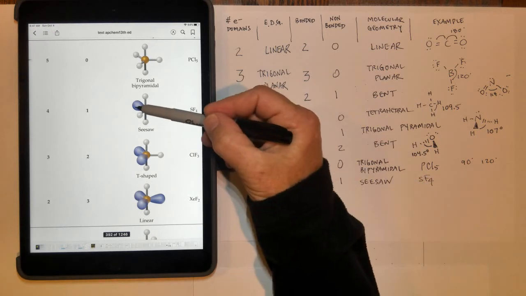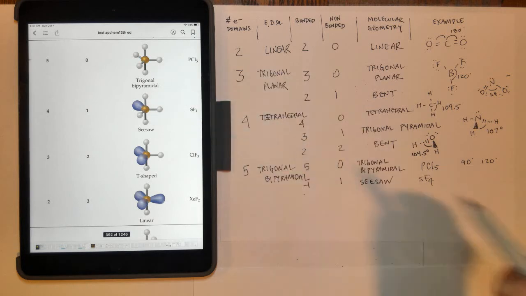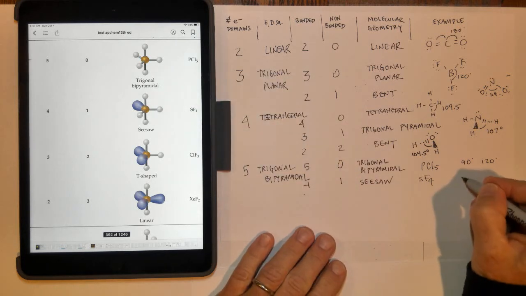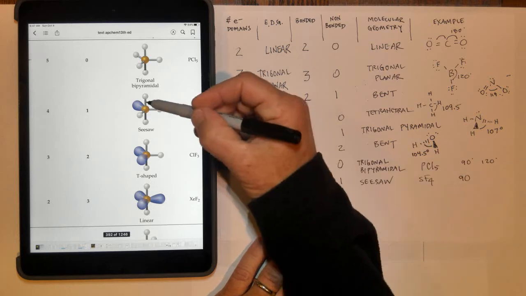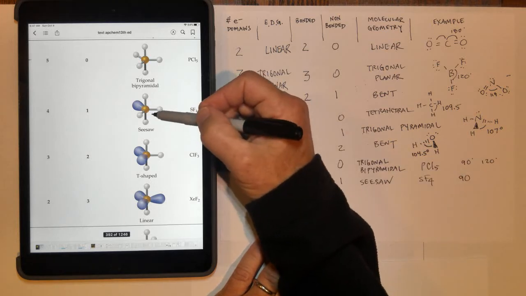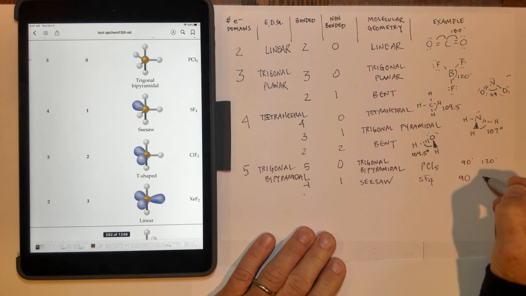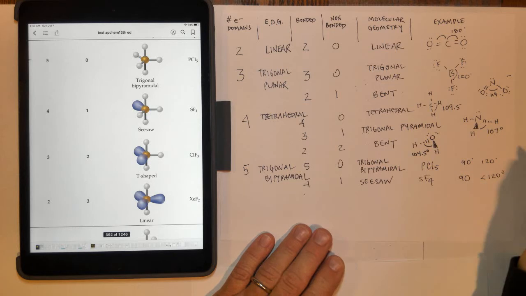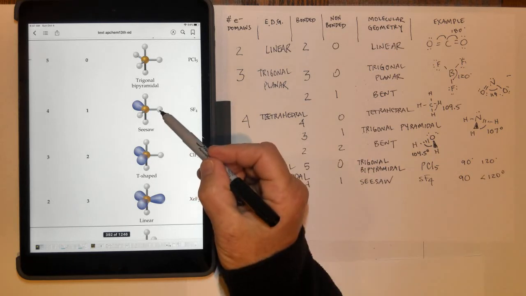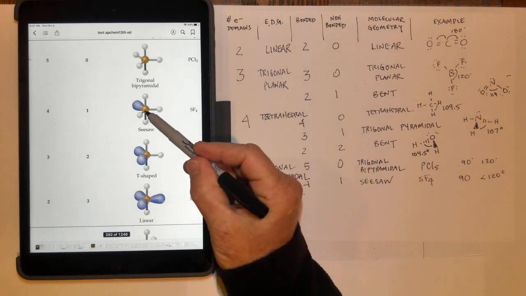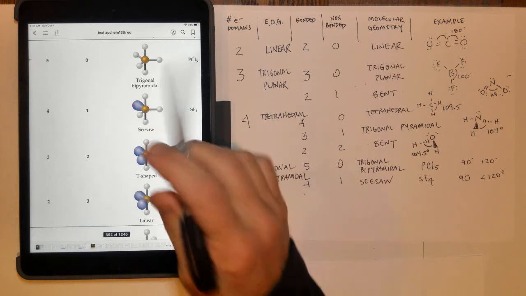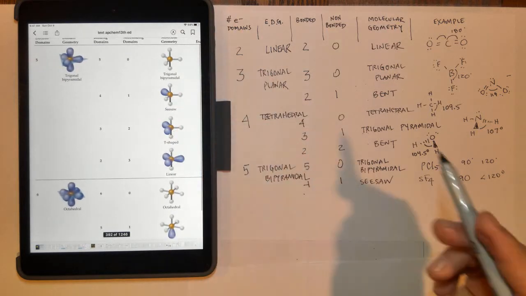Notice how it pulls off of the middle. It doesn't pull off the top or the bottom. So now we have 90 degrees on the top and the bottom bond angles, and then these guys actually get squished together just a little bit more, so a little bit less than 120 degrees for the bond angle between this fluorine, this sulfur, and this fluorine right here. They get squished together a little bit by the non-bonded domains.